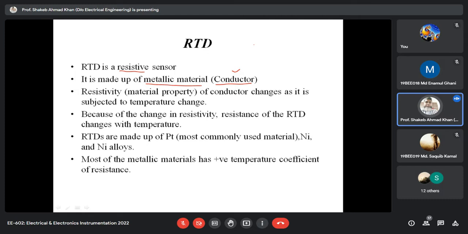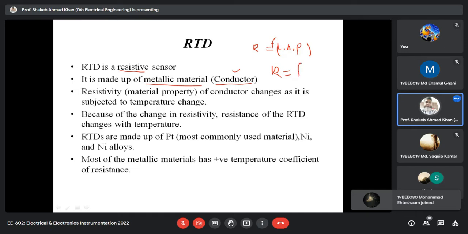So over there, the change in resistance is because of the change in dimensions, means length and area, as well as the resistivity. In case of strain gauge, this change was a function of all these three. But in RTD, this change in resistance is only a function of change in resistivity, that is the material property in this case.